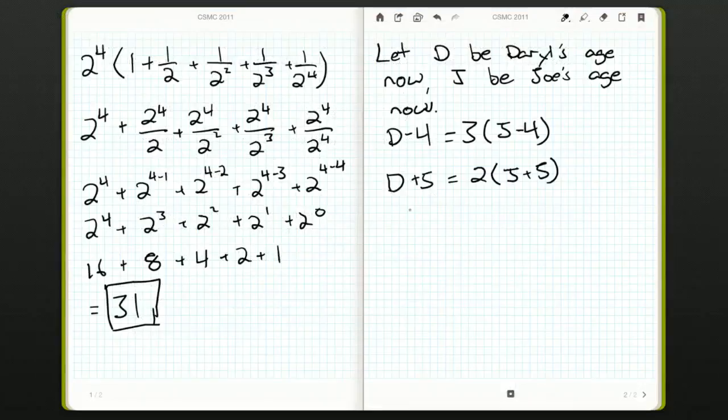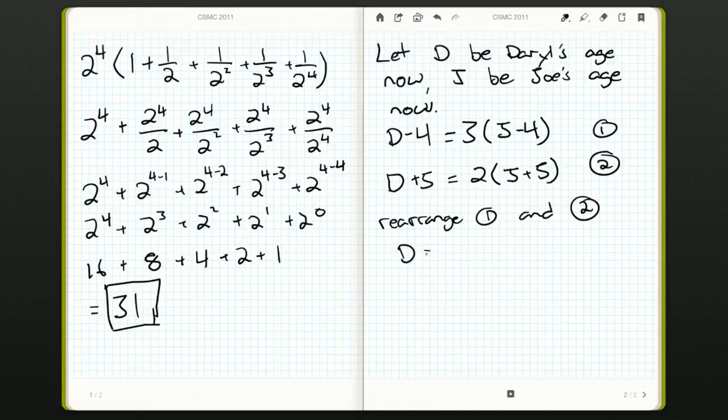So we can take these equations and we can rearrange them. We could even label them 1 and 2. So we can expand that out, 3J minus 12, and we can bring over this 4.